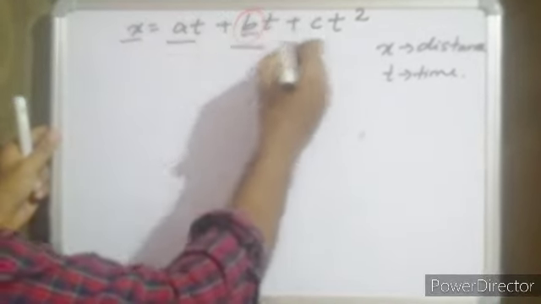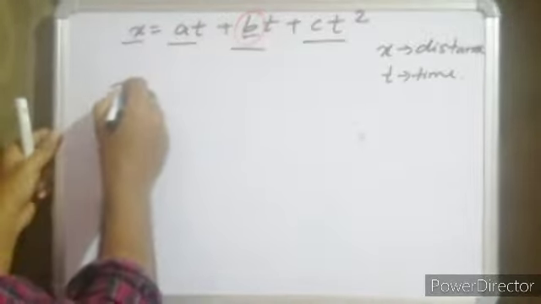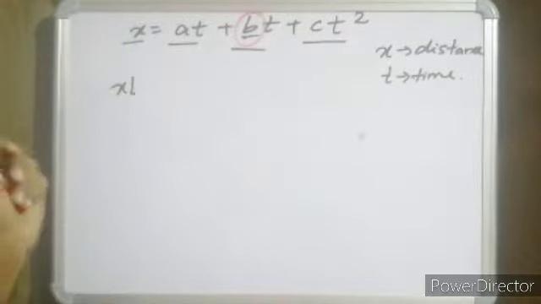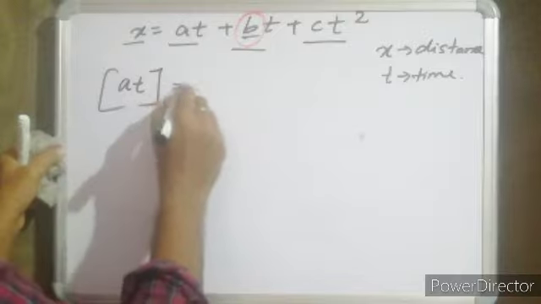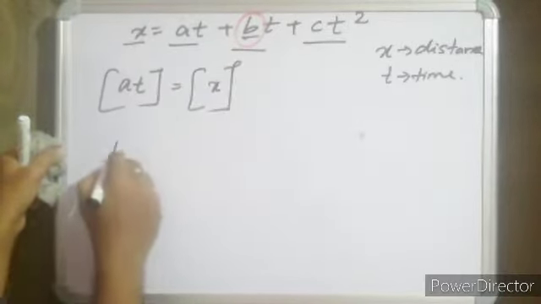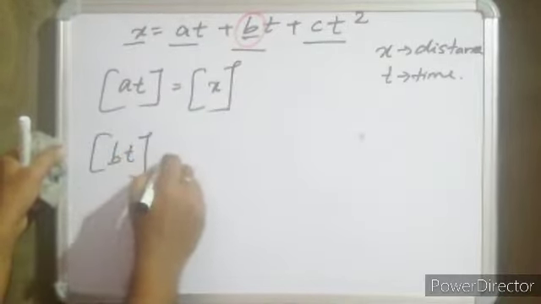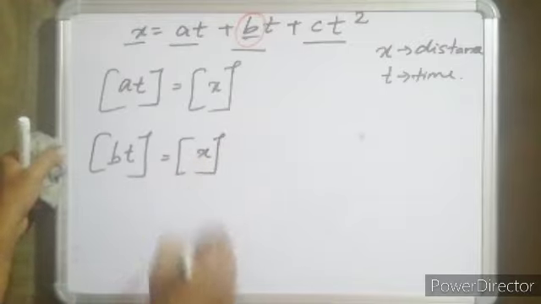As I said earlier, the dimension of at will be equal to that of x. The dimension of bt will also be equal to the dimensional formula of x.